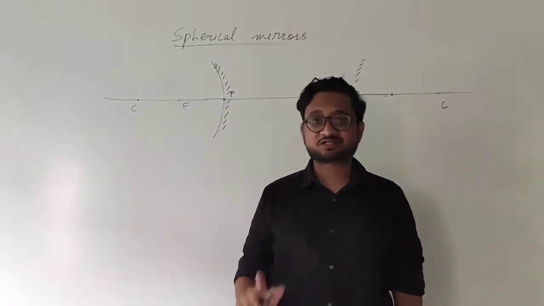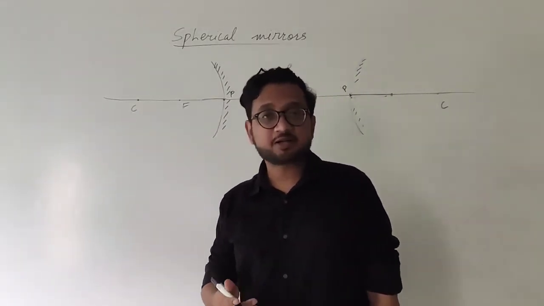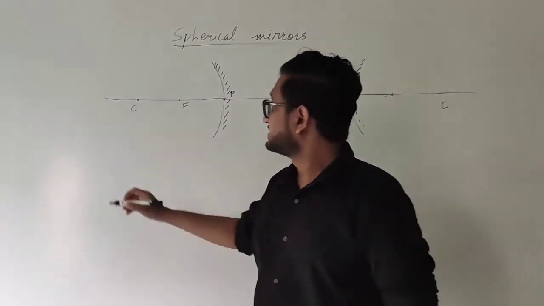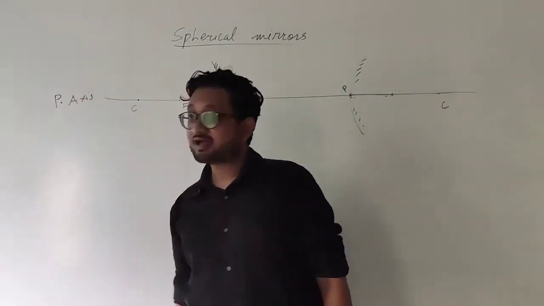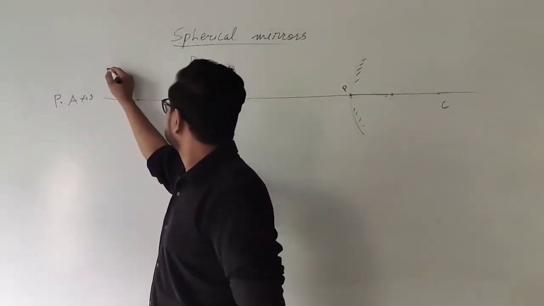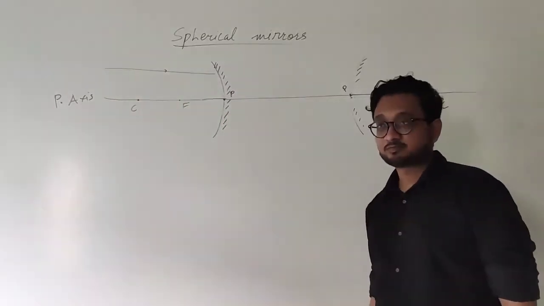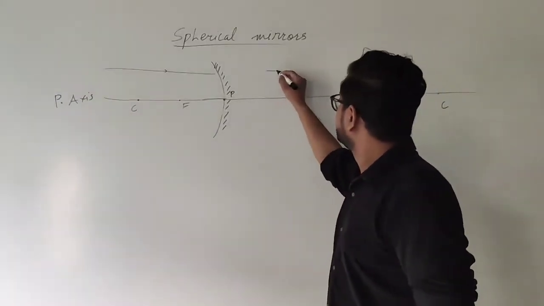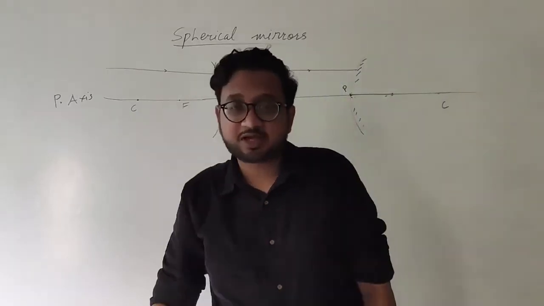Okay, so first case, when a ray of light is parallel to the principal axis. This is our principal axis, okay? And when a ray of light is parallel to this axis, so let's say that there is a parallel ray of light approaching the mirror. In this case as well, when it is approaching the mirror, which is parallel to the principal axis.